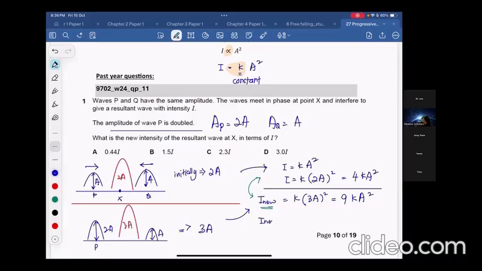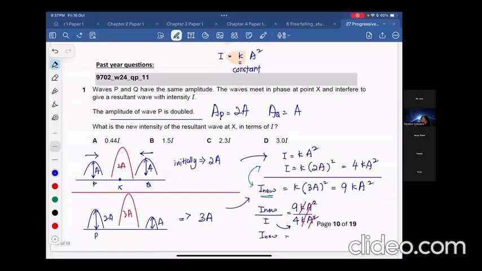We can use the ratio I new divided by I. Then for 9Ka squared divided by 4Ka squared, the Ka squared we can cancel. Then I new is equal to, moving I to the other side, 9 over 4, which is actually 2.3 I.